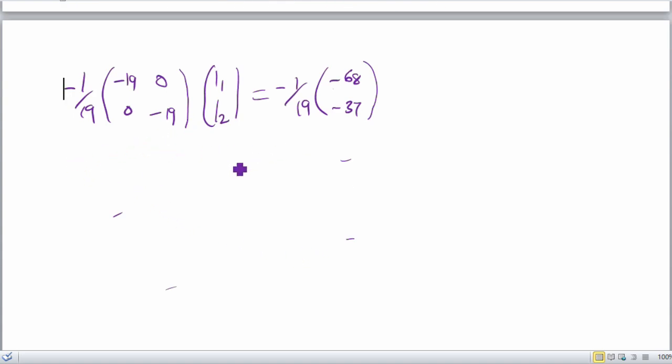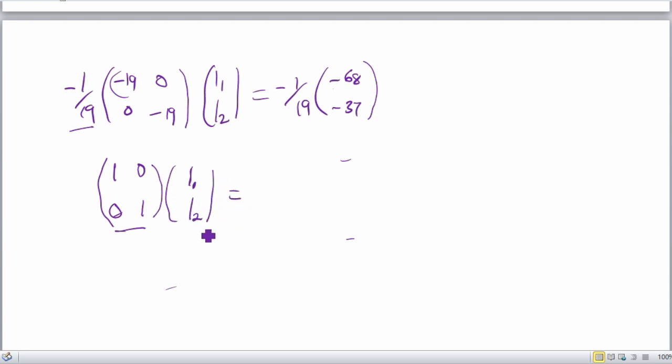Okay, simplifying this one here, there's scalar multiplication here. You take negative 1 over 19 times negative 19, you get 1. Multiply by 0 gets 0, multiply by 0 you get 0, and then multiply by negative 19 you get 1. And here we have what is called an identity matrix, from which if you multiply by I1, I2, the result will be I1, I2.